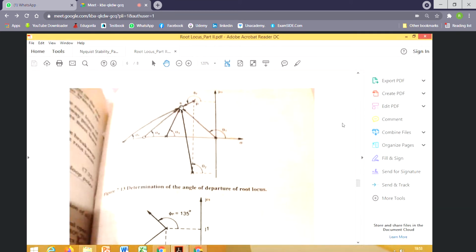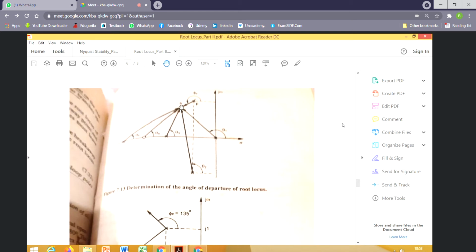Now we take a trial point S0 on this S plane. Please note, this particular trial point is an on-locus point. That means the point is lying on the root locus, right? That is assumption number one.